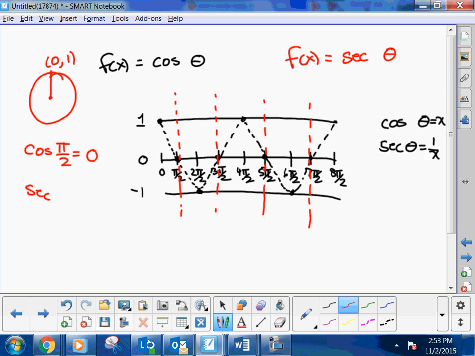It actually happens because when I try to take the secant of pi over 2, it's 1 over x, which means it'll be 1 over 0. And 1 over 0 is when we have an asymptote in our graph. That's how it's represented in a graph. So everywhere that you see the cosine function actually hitting this midline, which represents 0, those are the places that we have an asymptote that generates.